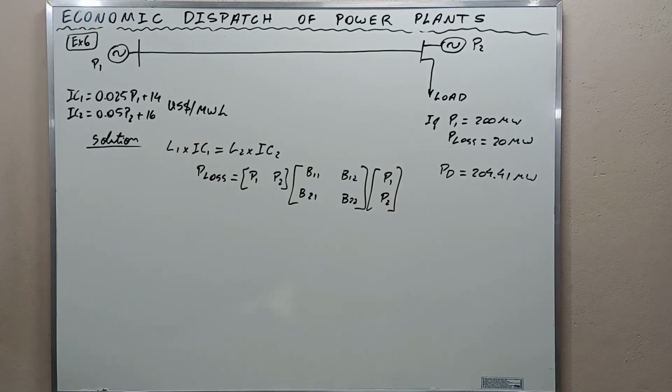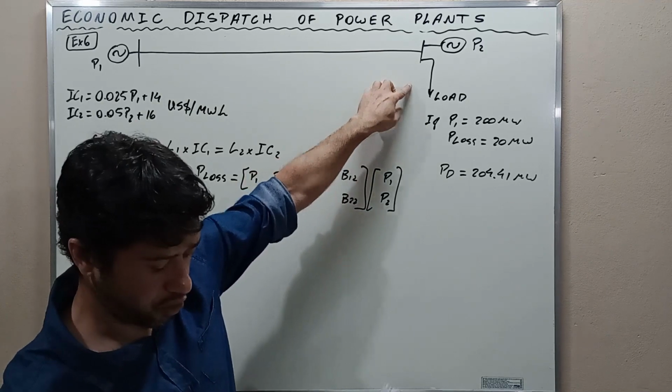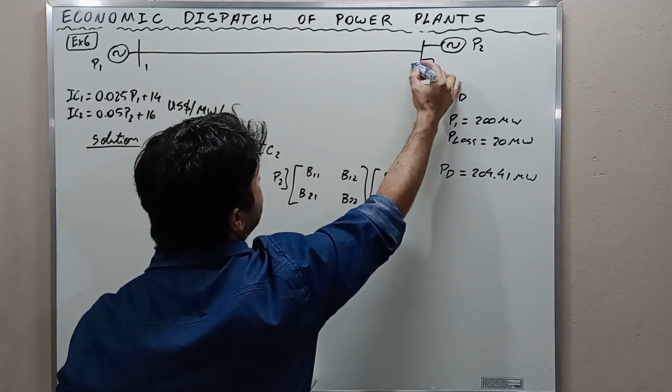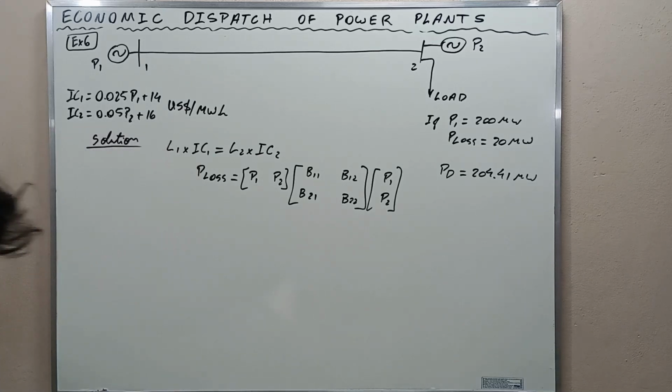We are going to use this matrix multiplication, and as the load is at bus 2, this is bus 1 and this is bus 2, there will be no transmission losses associated with power plant 2.